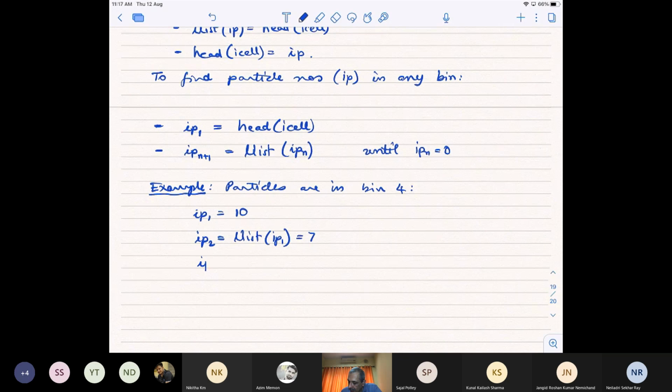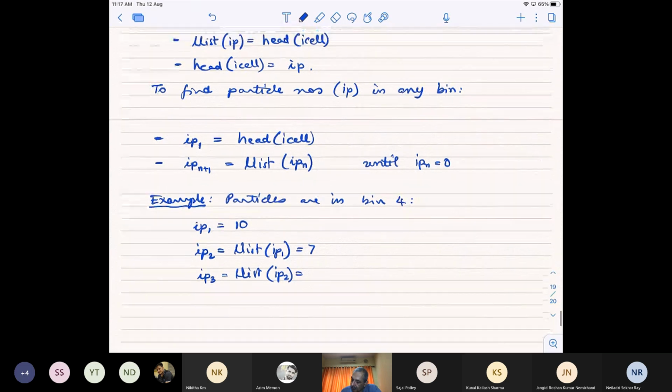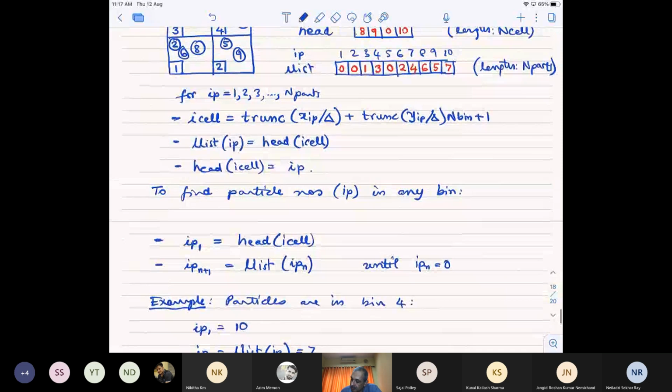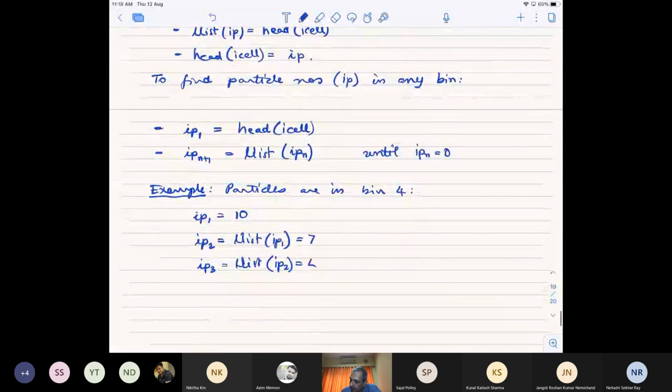And then IP3 is L list of IP2, so what is L list of 7? L list of 7 is 4. Then IP4 is just L list of IP3. We know IP3 is 4.